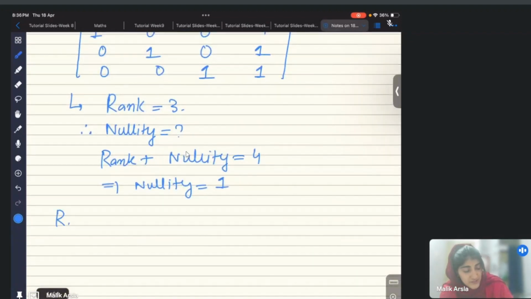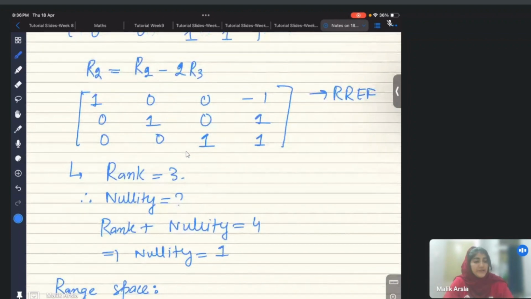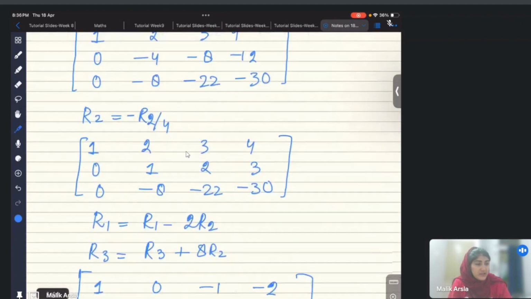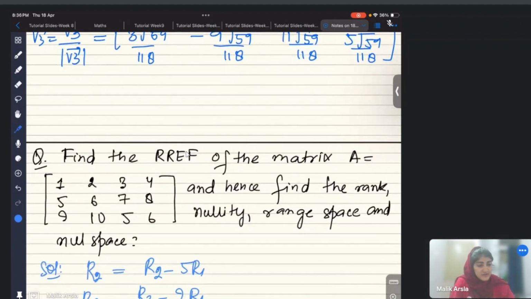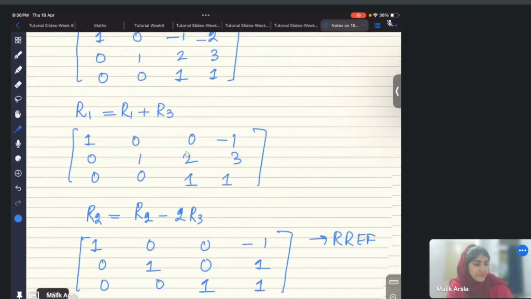Now for the range space, as you can see here, these three vectors are linearly independent and they form the basis. So basically these three vectors 1, 5, 9, 2, 6, 10 and 3, 7, 5 form the span of the range space.